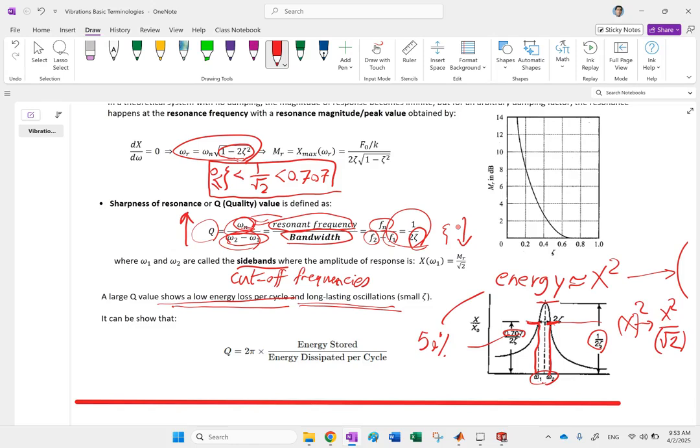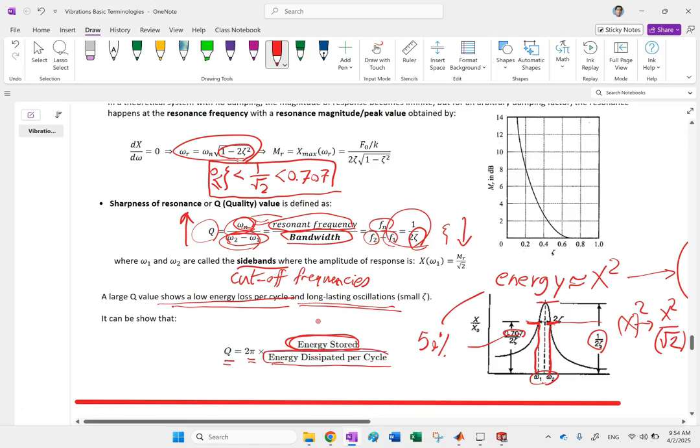Another way you can show Q, and I don't want to prove that, is that Q is also equal to 2 pi times the energy stored in the system over the energy dissipated per cycle. So of course, the smaller the zeta, the bigger the Q, and that means more energy stored compared to energy dissipated, or basically smaller energy loss.